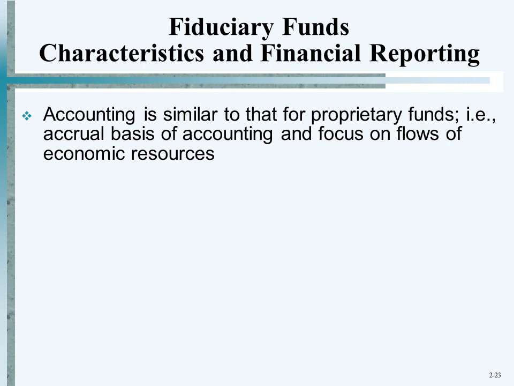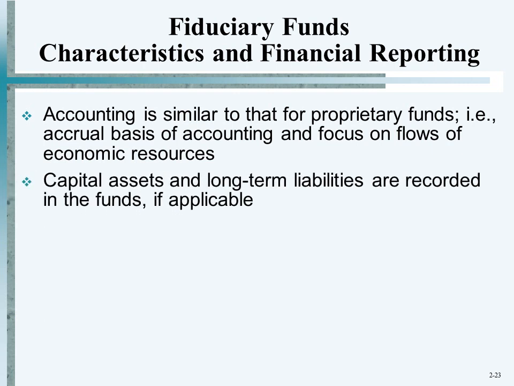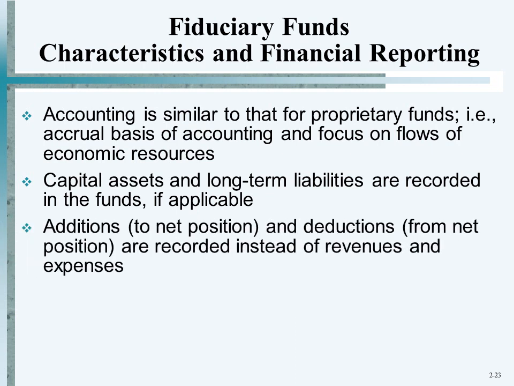Again, the fiduciary accounting is similar to that for proprietary funds. They use the accrual basis and focus on flows of economic resources. They do have capital assets and long-term liabilities if they're applicable. Additions and deductions are recorded instead of revenues and expenses, since it's not really an income and expenditure type of fund.